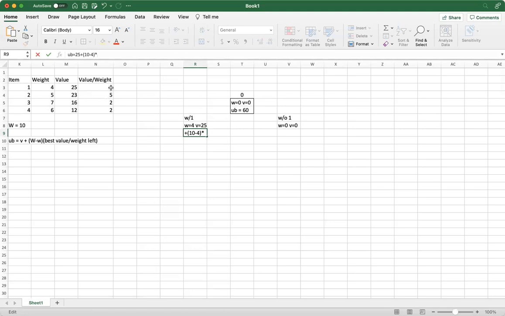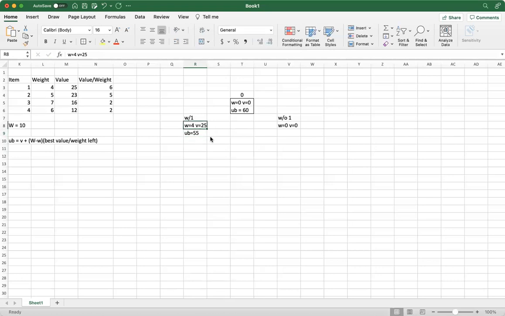We've already chosen the 6, so it's got to be the 5, times the 5. So that's going to be 6 times 5 plus 25. Is that right? You know my arithmetic. 6 times 5 is 30. 30 plus 25 is 55. Yep. So UB is equal to 55.